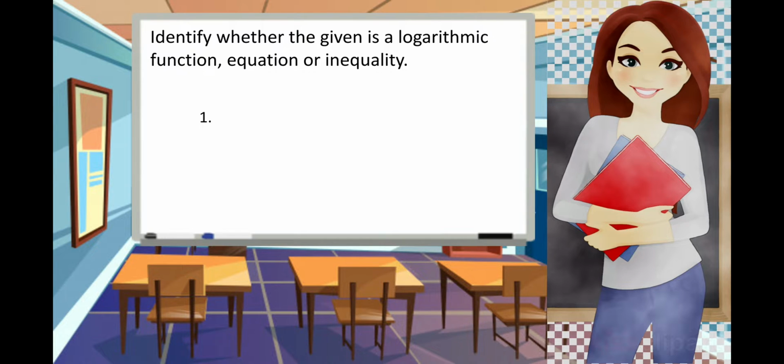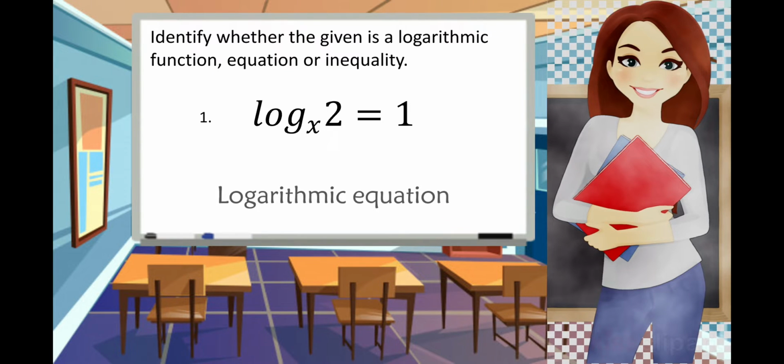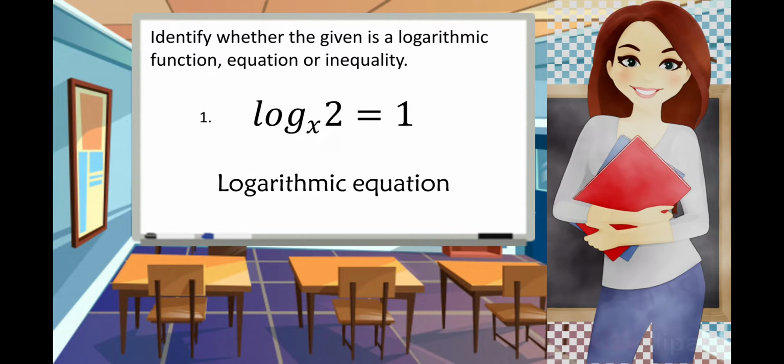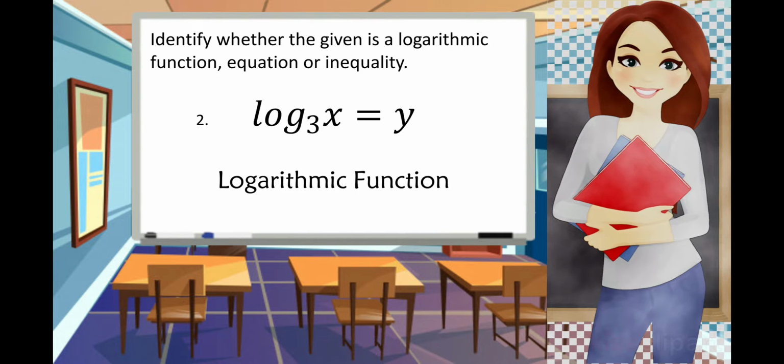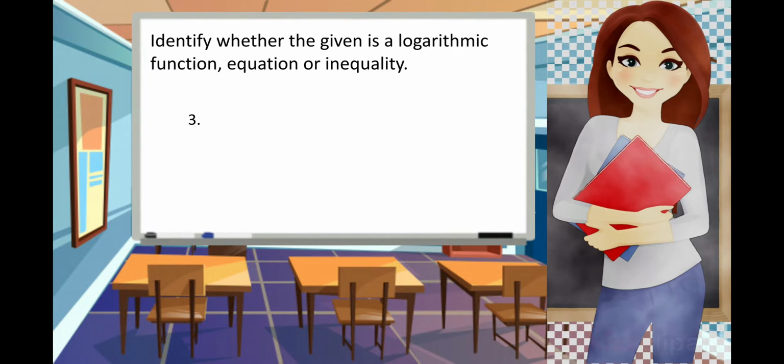Now, let's try to identify whether the given is a logarithmic function, equation, or inequality. The logarithm of 2 to the base x is equal to 1. So that is a logarithmic equation. Number 2, the logarithm of x to the base 3 is equal to y. So this is a logarithmic function.